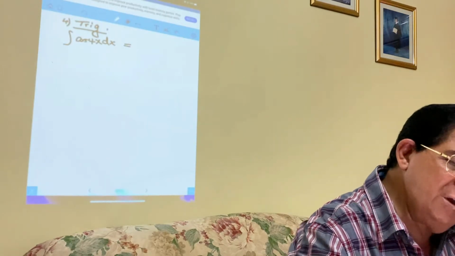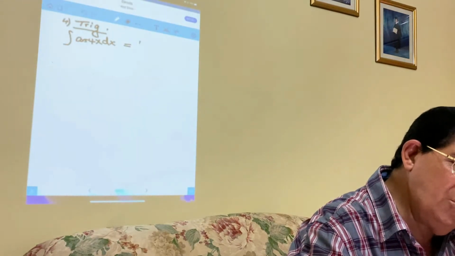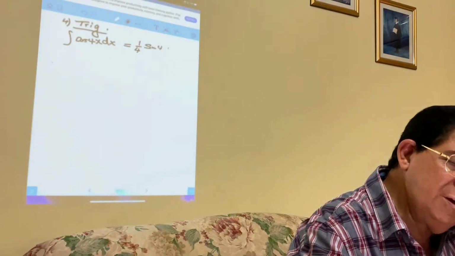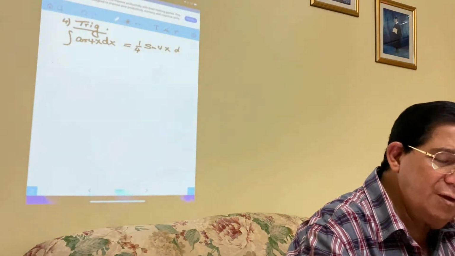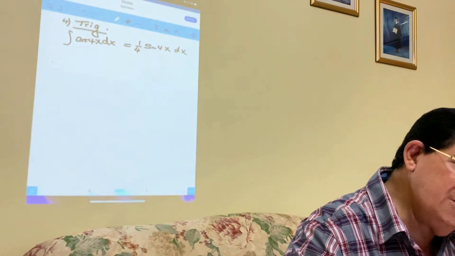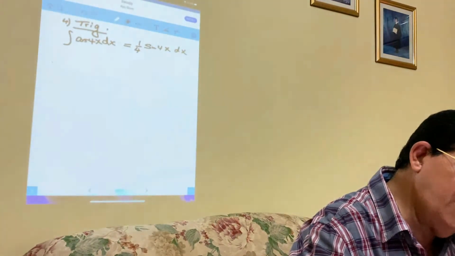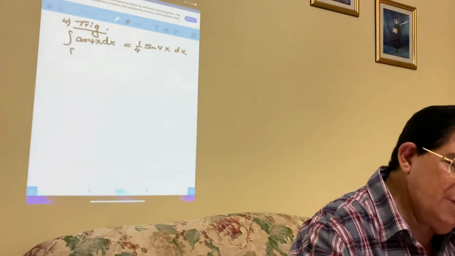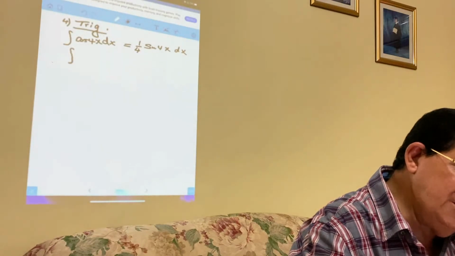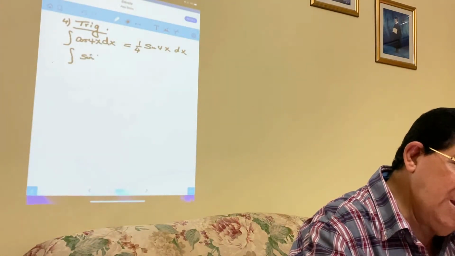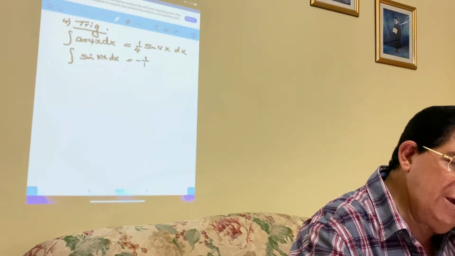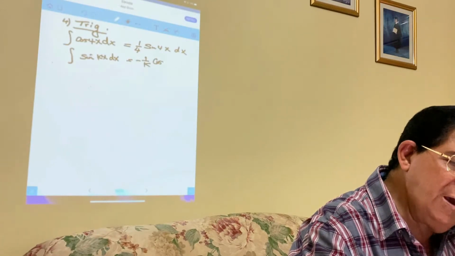But the 4 is missing, that's why we put 1 over 4 sine 4x. But in general, we can say, for example, the integration of sine kx dx is negative 1 over k cosine kx plus c.